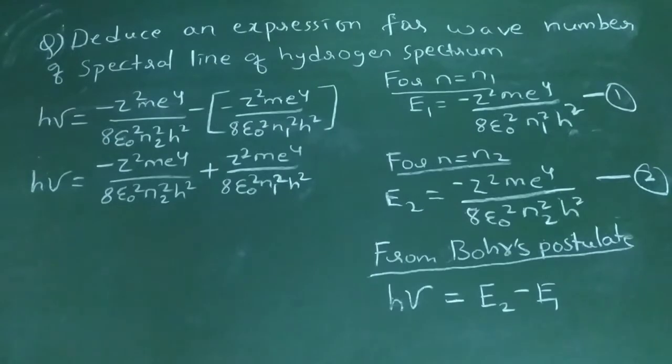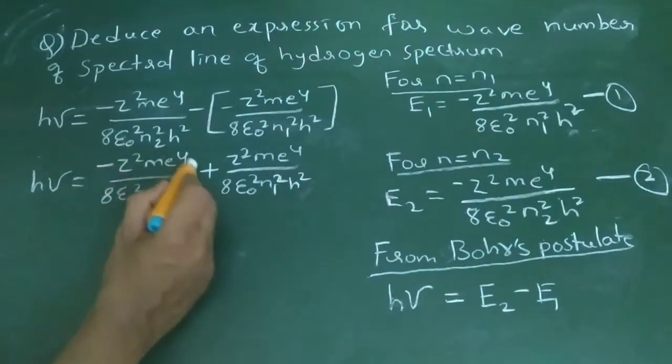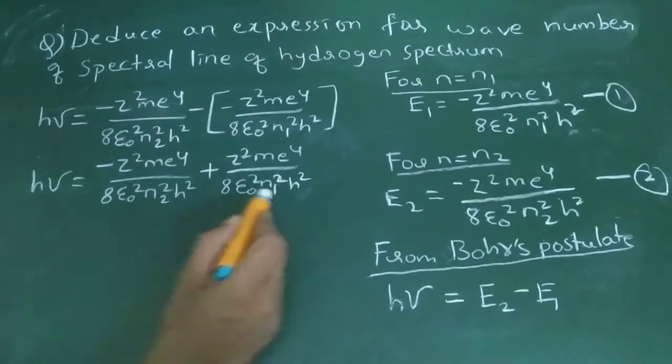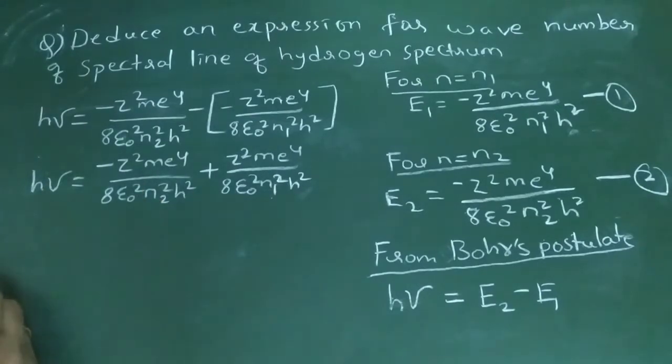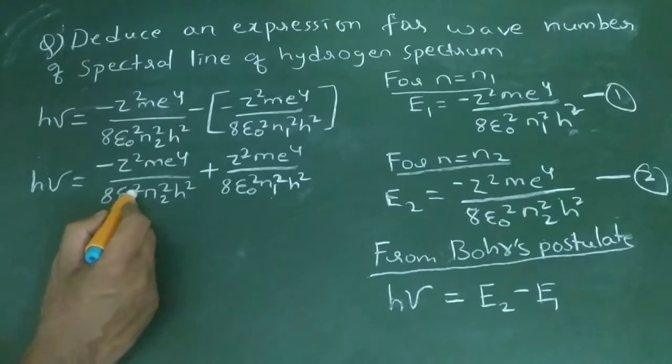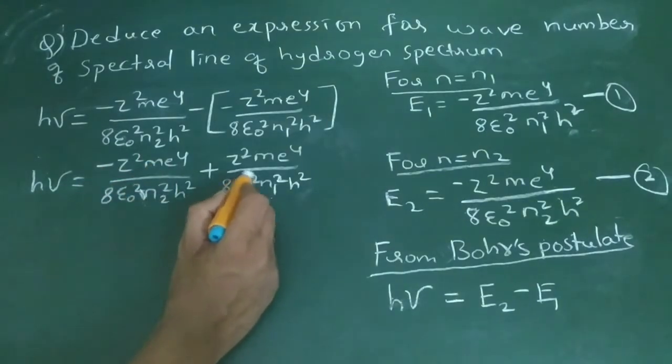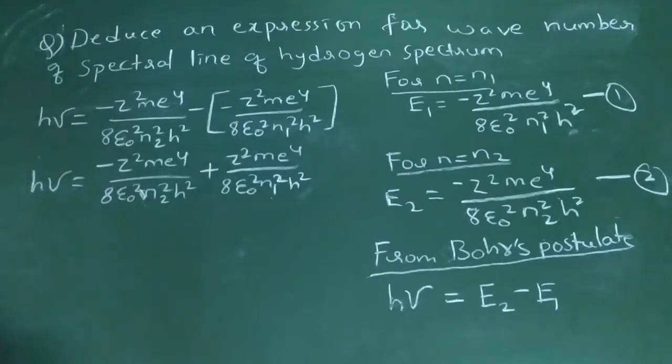Are you getting that? Here, if you look, all the variables look the same except n2 square and n1 square. So I am going to take those things common. Here it will become minus 1 by n2 square, and here it becomes plus 1 by n1 square.